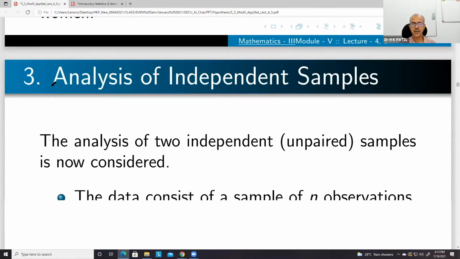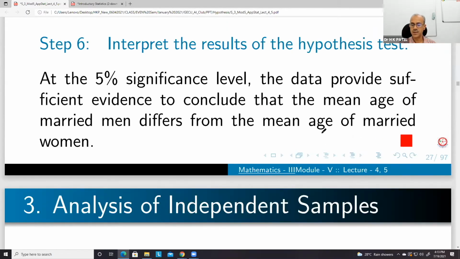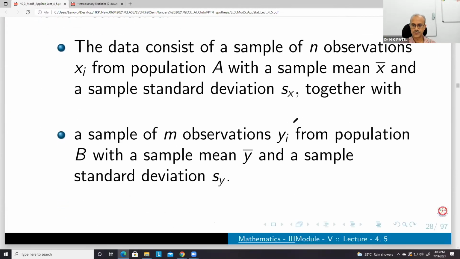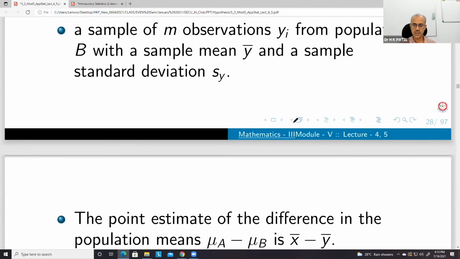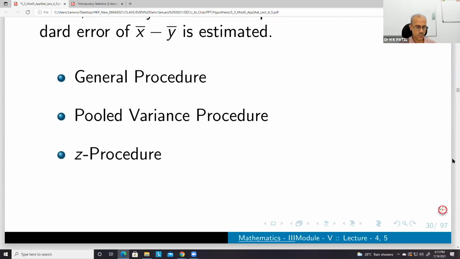Now let us see analysis of independence. This p-value analysis we will see in one of the problems later on. In this problem it is not done. So independent samples. In case of independent samples, if you remember, we have three procedures here. In case of confidence interval also we saw these three procedures.